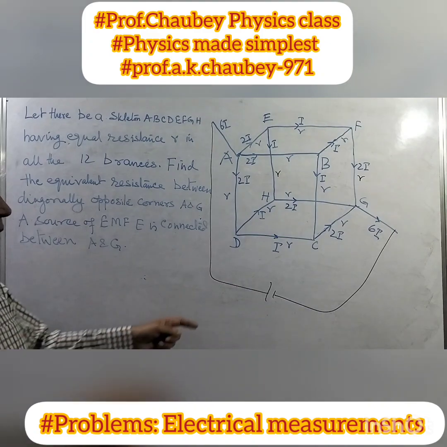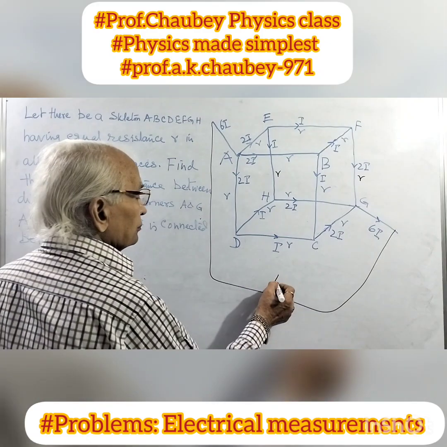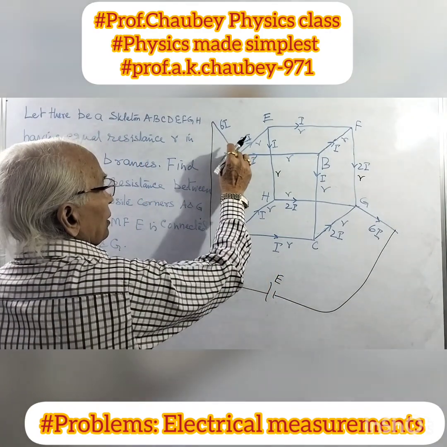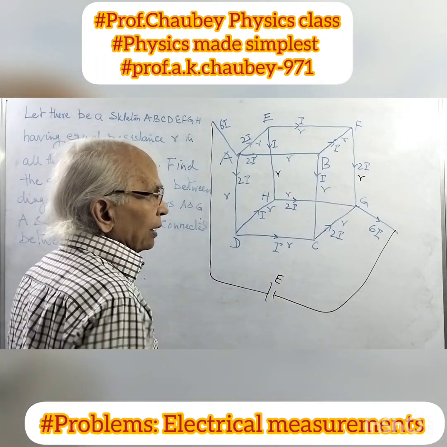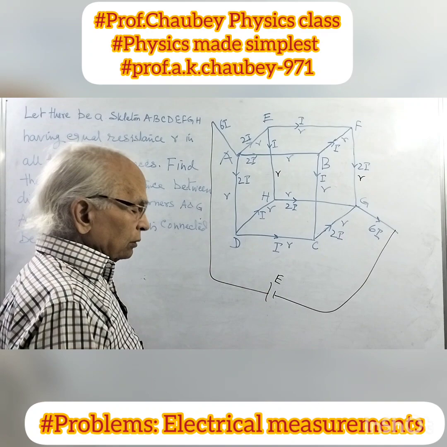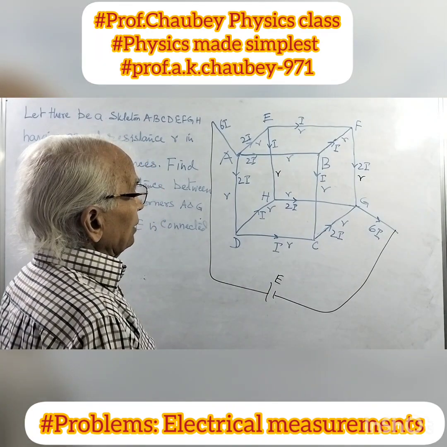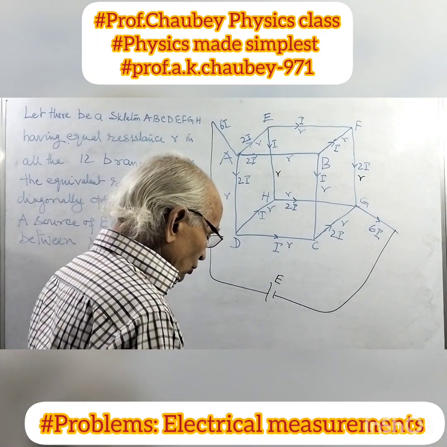So we have connected a voltage source E between A and G, and now current is divided in all branches, and we have to find the equivalent resistance between A and G. So what do we do?